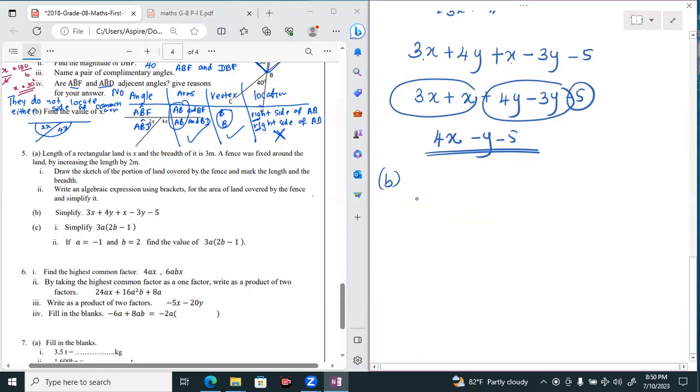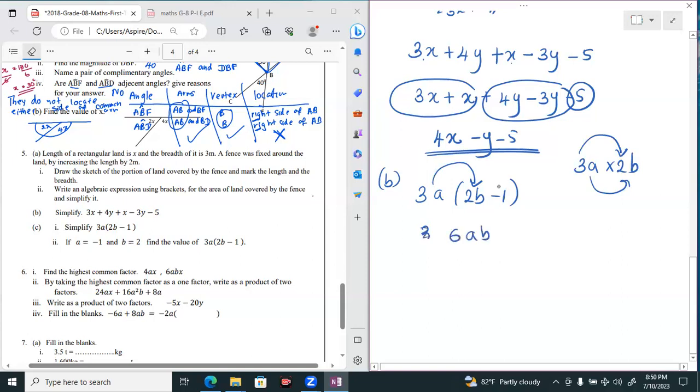Okay. It is 3a into 2b subtract 1. Then multiply 3a by 2b. 3 times 2 it is 6. A times b it is ab. Then answer should be 6ab. 3a times minus 1 it is minus 3a.